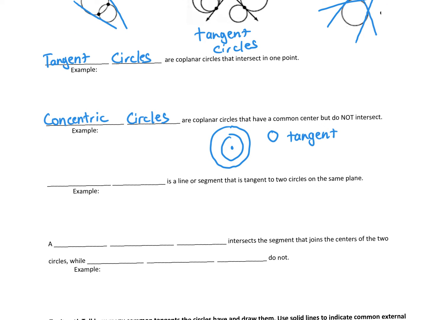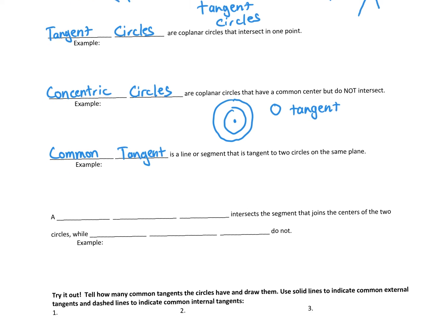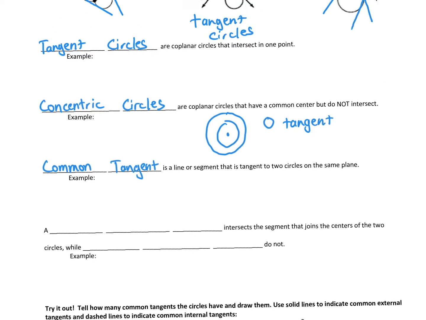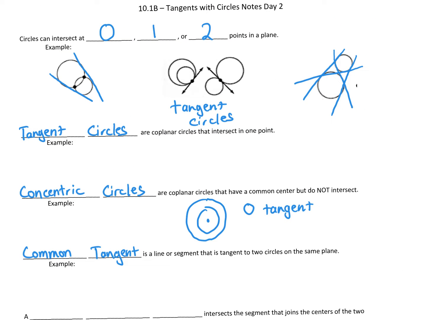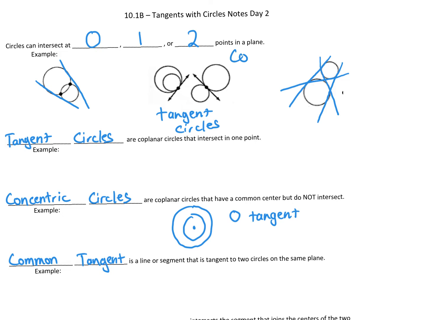The next one is a common tangent. And a common tangent is a line or a segment that is tangent to both circles on the same plane. So for example, up here, these are common tangents.